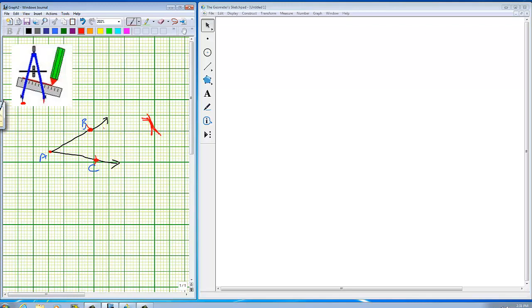The intersection of those two marks is going to be point D. So let's mark point D.